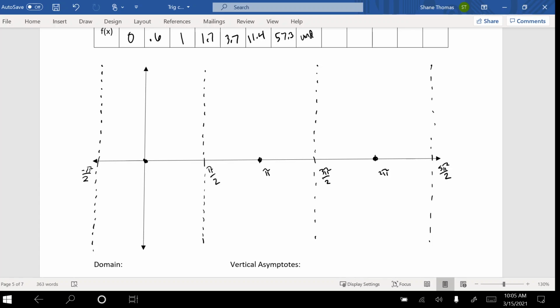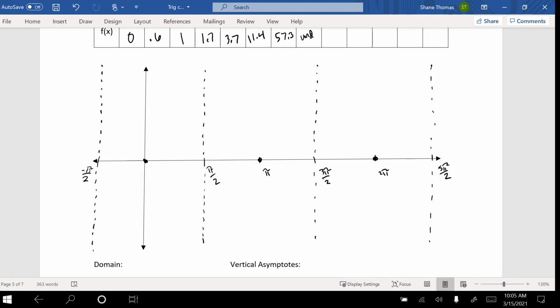Put pi over 2 in a calculator, it's going to say error. And if you think about it on your unit circle, tangent is y over x. Tangent of pi over 2, x is 0 and y is 1, so it's 1 over 0, which is undefined. So this is what we have so far.